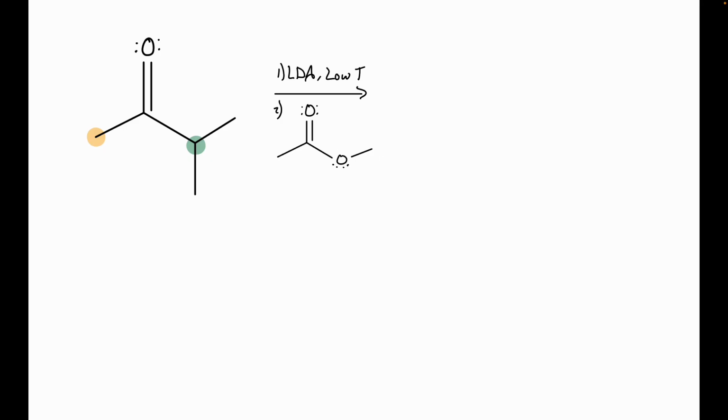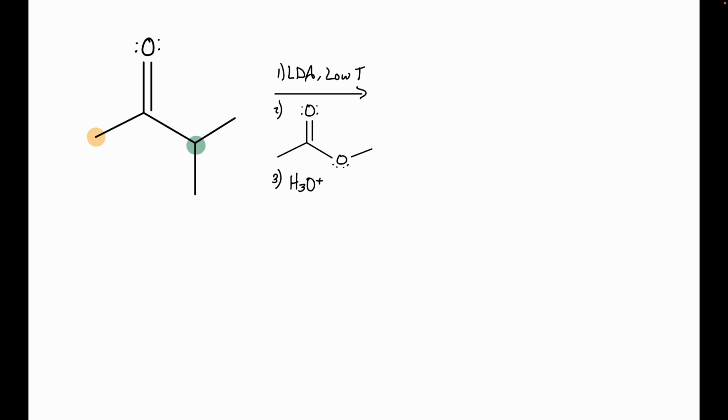And then I'll do that third acidic workup step. But now that we've changed this electrophile here from being an aldehyde or ketone to an ester, we're going to get a Claisen type condensation product. So everybody take a second and do this reaction here.